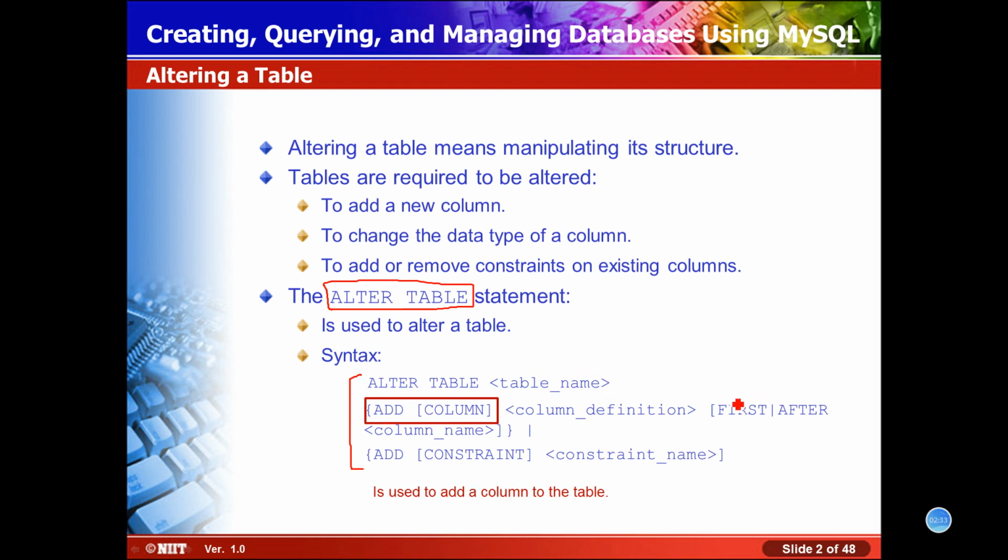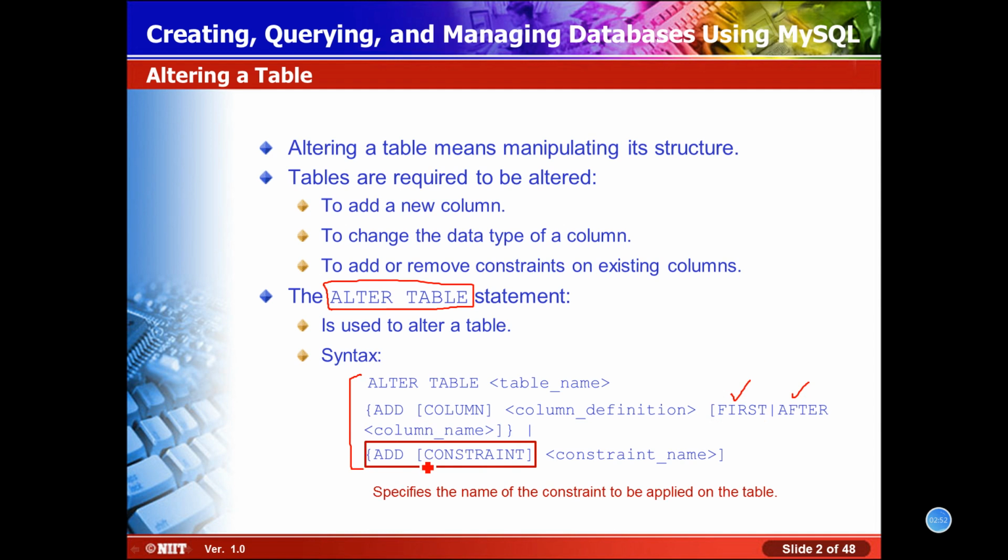You can add a column at the first position or after some column. Next is the name of the column which you want to add. You can also add a constraint. In the previous session I showed you how to add a primary key constraint and a foreign key constraint.